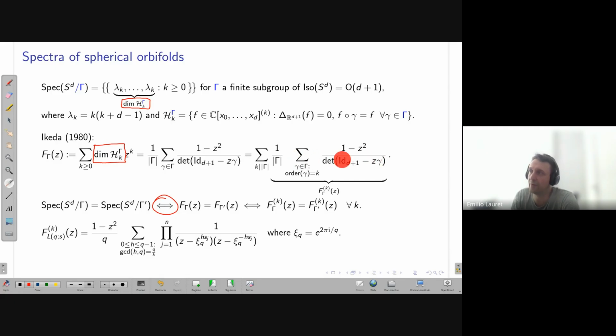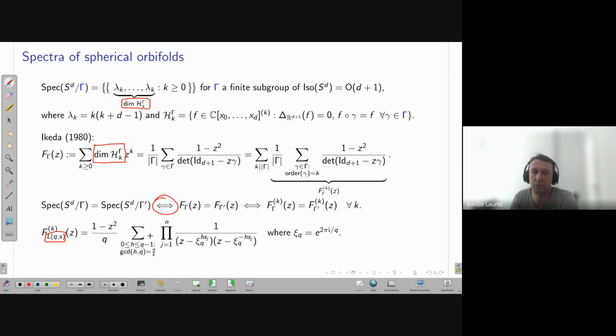Okay, so this is clear, and this is a bit more complicated, but the point is you can do it for every element, dividing the sum by the order of the elements. You do this, okay? And for a lens space, in the particular case of a lens space, you have this expression. I am not explaining everything, but I wanted to show what kind of tools we use to prove the theorem.